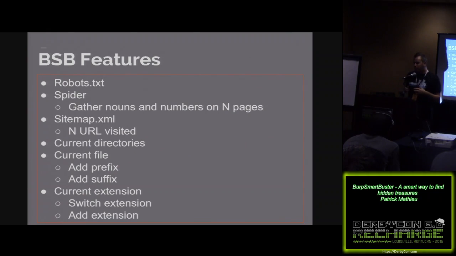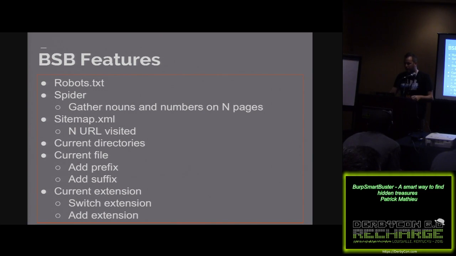The main features I added: when I do a request, at first it will check for specific files that exist, but only once. So when you go to a victim.com site, it will check the robots.txt, gather all the disallowed directories and files, and test if those files exist.